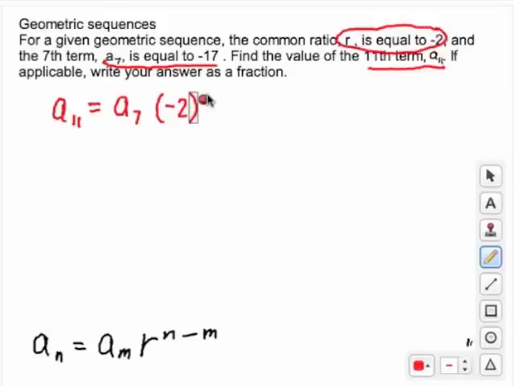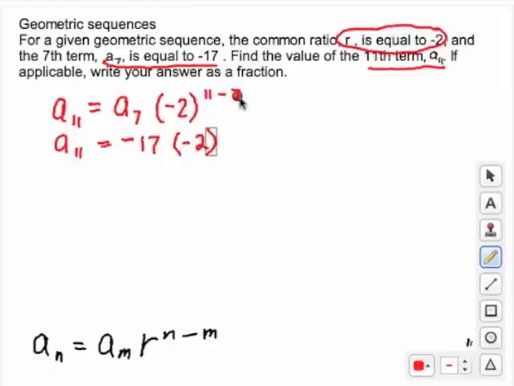And then n minus m. n is this number here, 11, minus m, which is the number that's located there. So 11 minus 7. We don't know what a sub 11 is, that's what we're trying to find out, but we do know what a sub 7 is, so let's plug that in. That is a negative 17. So in this case it's just a matter of plugging the information in.